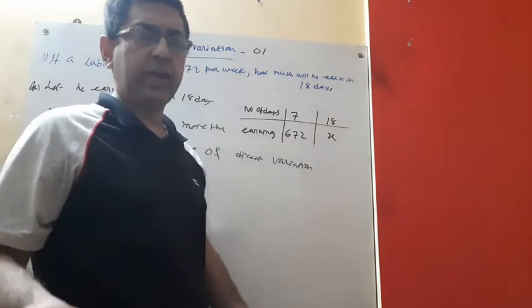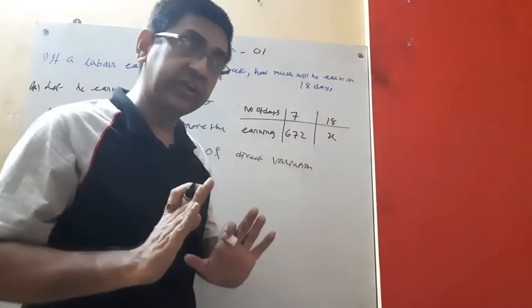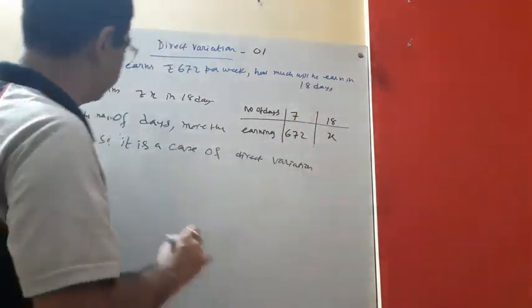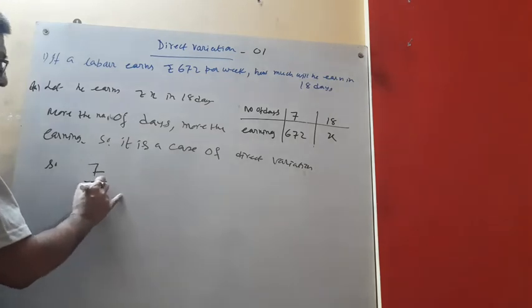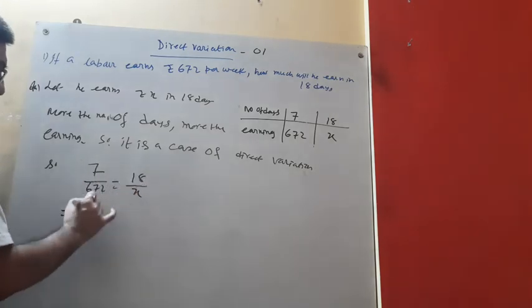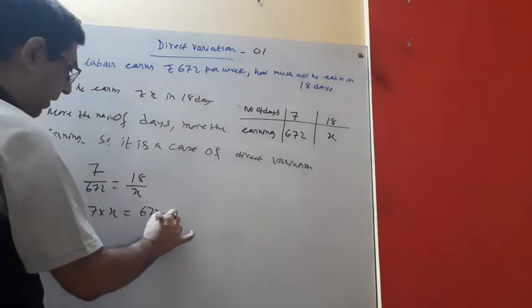But in your book, generally this one by this one equals this one by this one. In direct variation, they are in ratio. That means 7 by 672 equals 18 by x. Now you go for a linear equation: 7x equals 672 into 18.